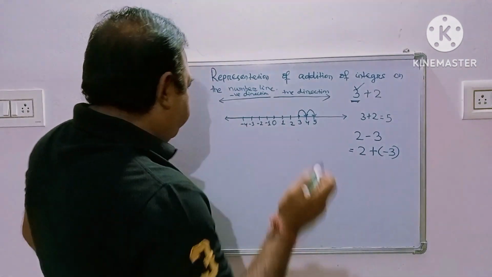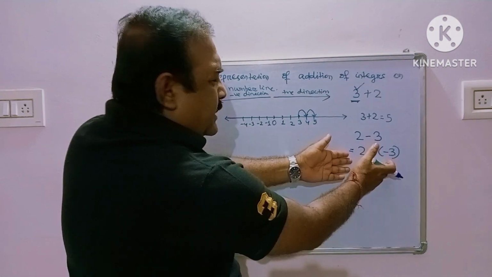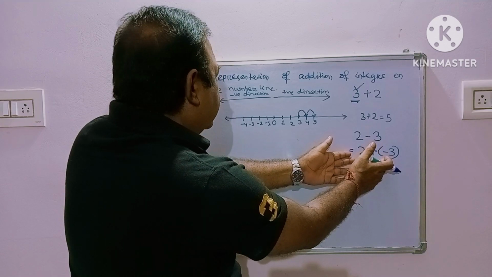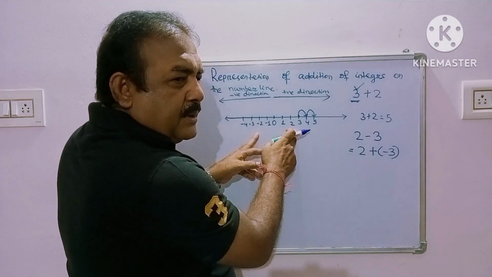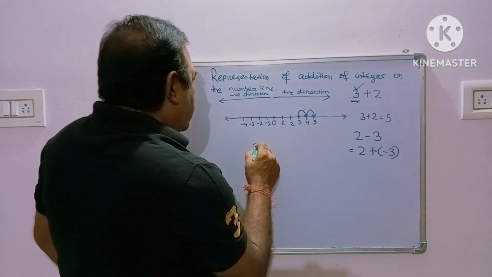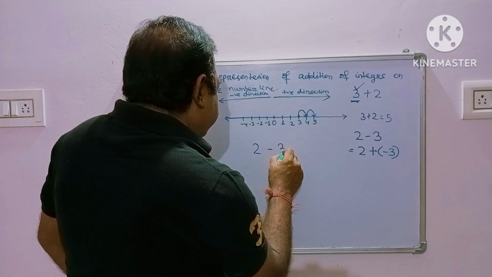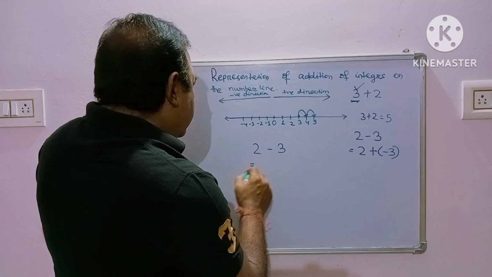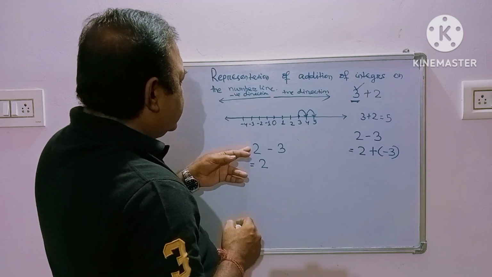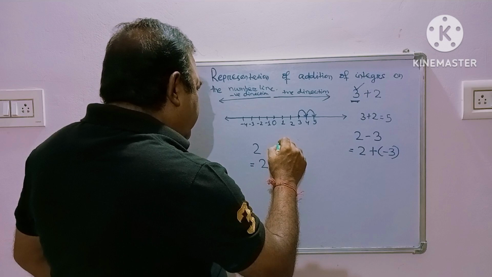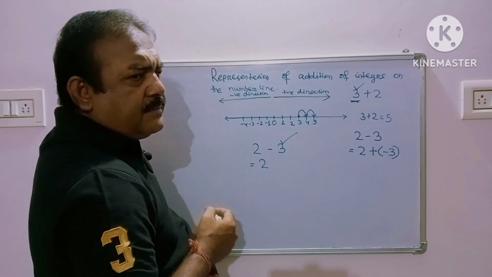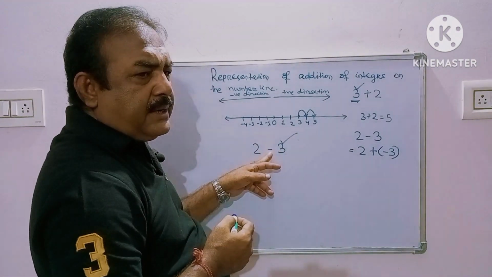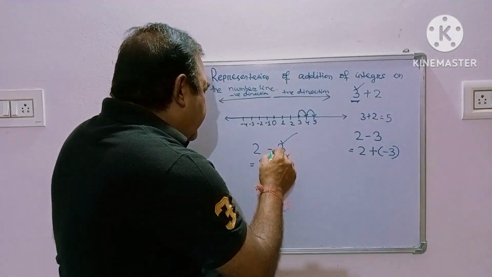Because you see, I am discussing a little bit about this, then we will move to the number line. You see, 2 minus 3 is equal to, first you write 2, that is the first number, and here it is minus 3. Suppose 3 is an integer, and before 3 there is the negative sign. So here the integer is 3.